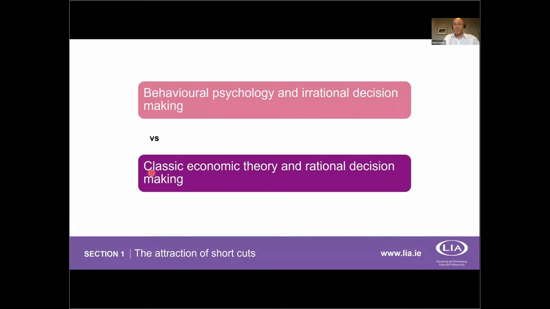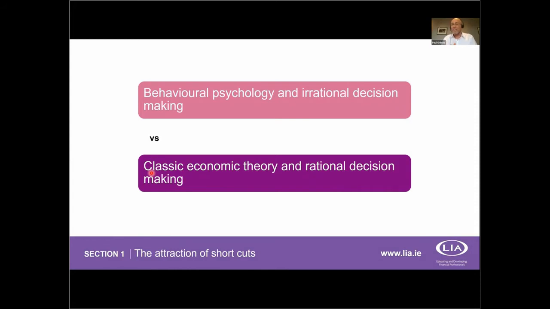Classic economic theory works on the broad principle that the human mind is capable and conditioned to make a decision that optimizes the financial outcome for the person based on their understanding of the problem that's being posed to them. So this notion that the human condition is rational of thought is central to classic economic theory.